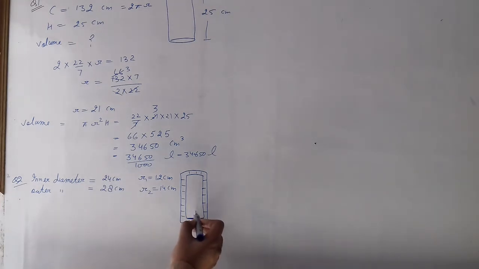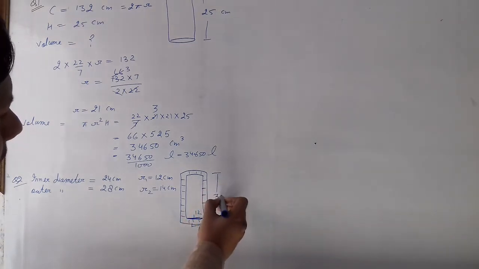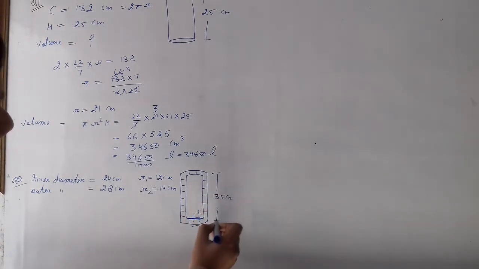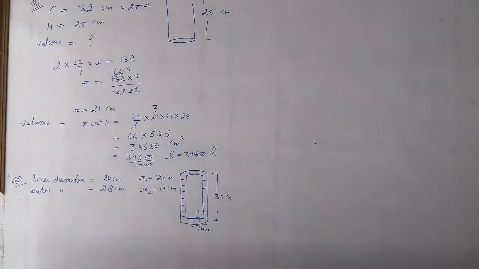It is 12 and this one is 14 centimeter. Now the length of the pipe is 35 centimeter. The length remains same from inner to outer side. There is no change. Then you have to find the mass of this pipe, how much material is required to make this pipe.